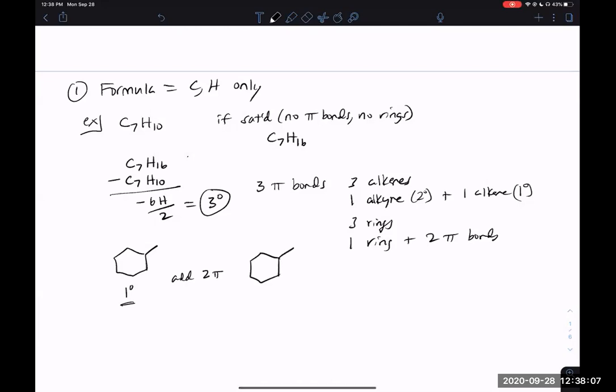So I could maybe put 1 there and 1 there. Could be that. Could be a 5-membered ring. That's 1 degree. What if I had a 5-membered ring and then 2 more carbons? So that's my 7 carbons. And instead of 2 double bonds, what if I did a triple? That's the 2 for a total of 3, right?